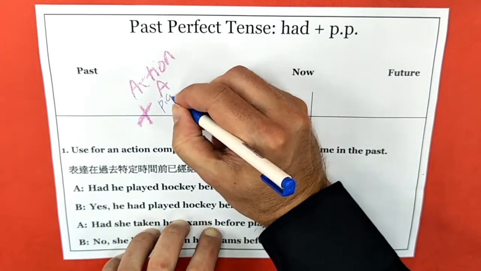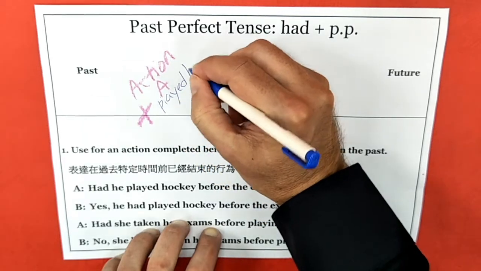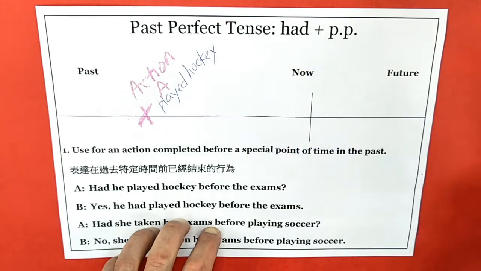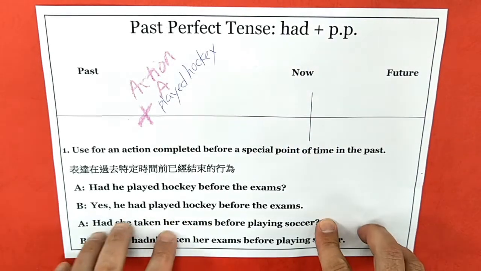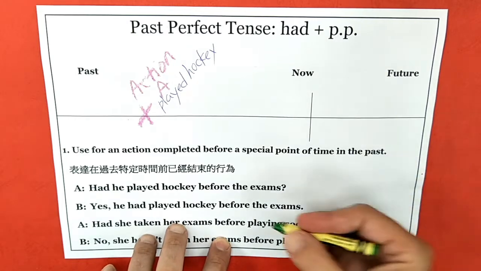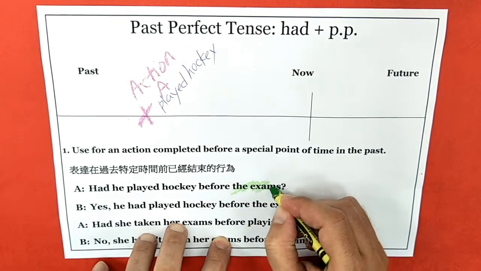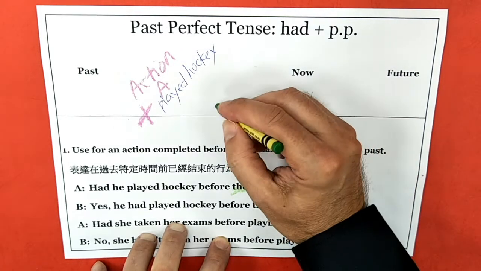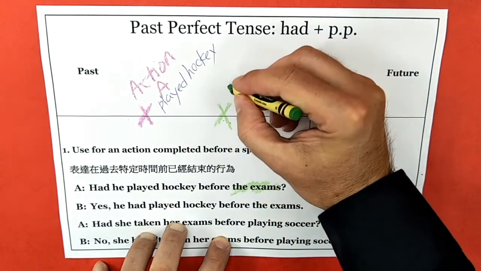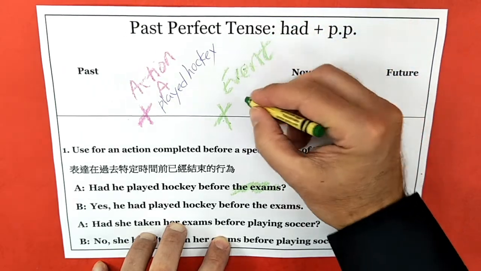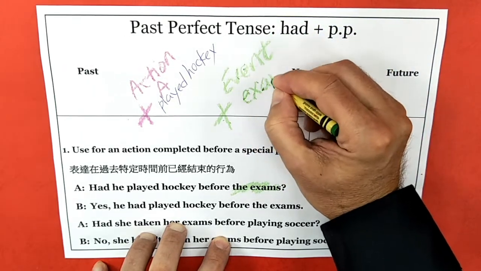He played hockey. Okay? Now, there's another action here. He had exams. So here are the exams. This is an event or a time. And that was the exams.